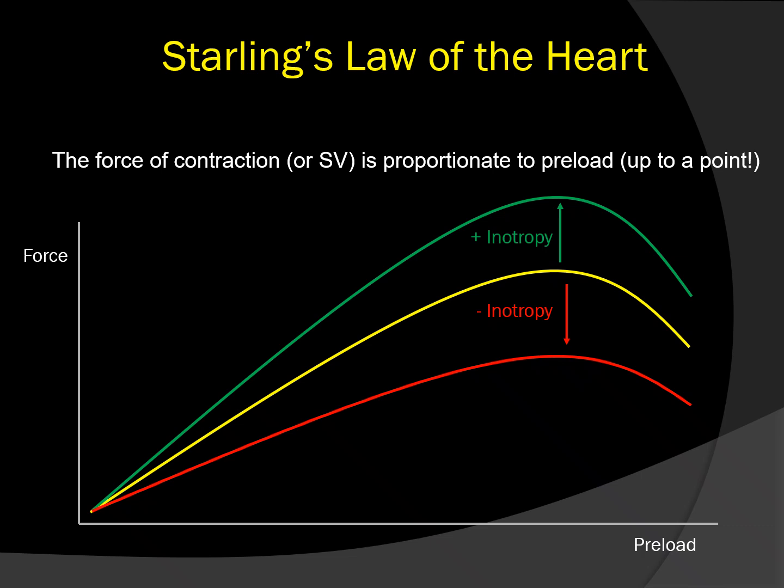Conversely, certain medical conditions, such as valvular insufficiency or high catecholamine states, can actually increase the inotropic state of the heart, leading to more vigorous contraction than expected. Not only can medical conditions move the Starling curve up and down, but also certain medications may do the same thing.